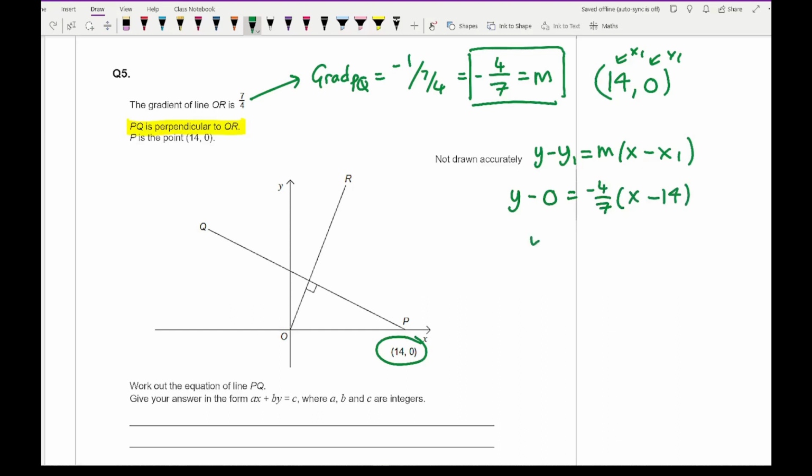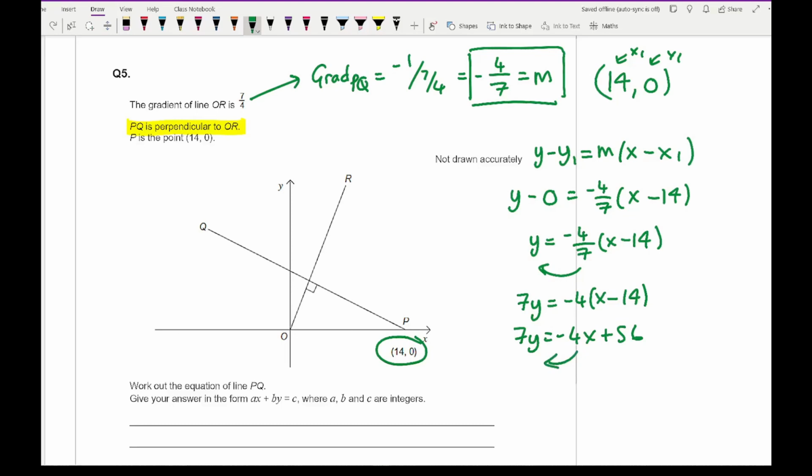Then if I simplify that, I get y equals minus 4 over 7 (x minus 14). I can then take this 7 over to the side, so I end up with 7y equals minus 4 (x minus 14), and then expanding the brackets, I get minus 4x plus 56. Then taking this 4x over to the side, I end up with 4x plus 7y equals 56, and there is my final answer.